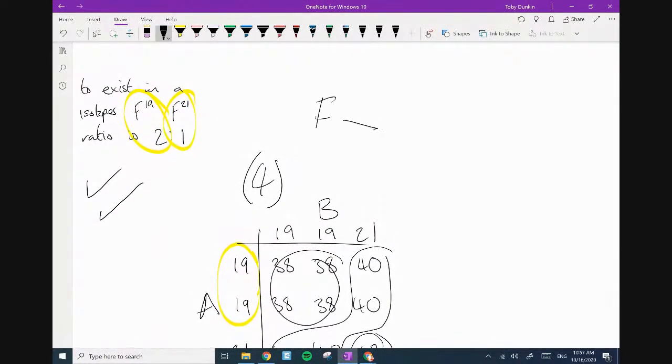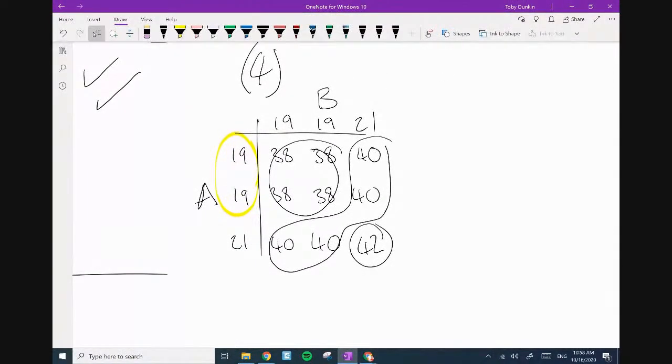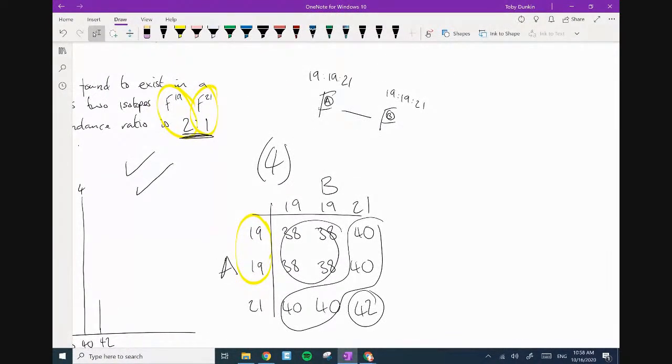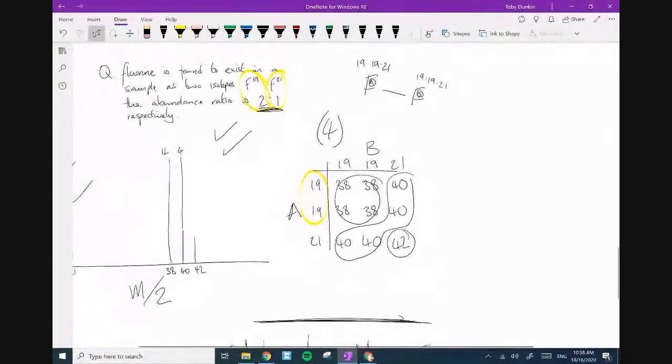So the fluorines bonded together. If we call this atom A and atom B, the fluorine on atom A could have been 19 or 21 in a ratio of 2 to 1. And then the fluorine B could have been exactly the same. So I have to put the 3 options that are there in the Punnett square. Does that make sense? I hope that helps.